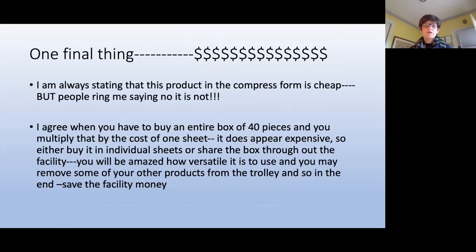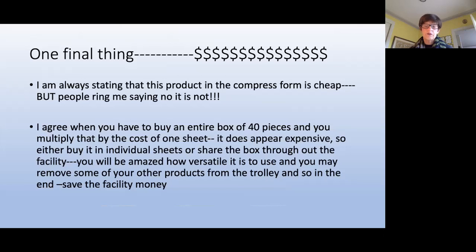It comes in a box of 40 pieces, so I know that when you multiply one piece by 40, it does appear expensive. But what I would say to you then is buy a box and share it through the facility from first floor, second floor, third floor, or with each section. Then you've got it in your facility, and it is cost effective to use, all right?